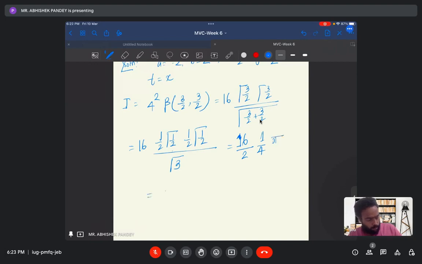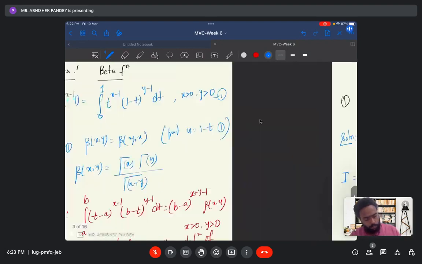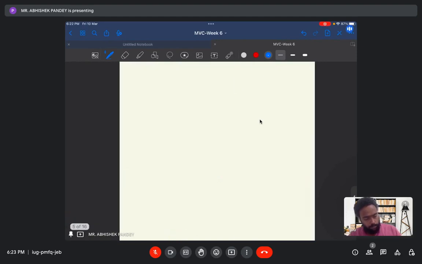So the total will come to 2 pi, and this is your answer. We have used this result and the relation between gamma and beta functions.